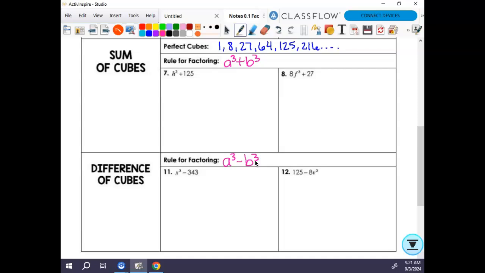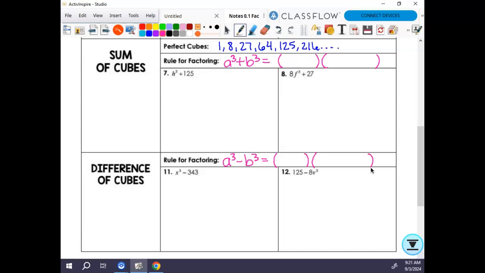Okay? That's what they look like. For both of these, when you factor them, you're going to get a binomial and a trinomial. And the actual stuff that goes in there, the numbers and the variables, is the exact same pattern. What changes are the signs, okay?